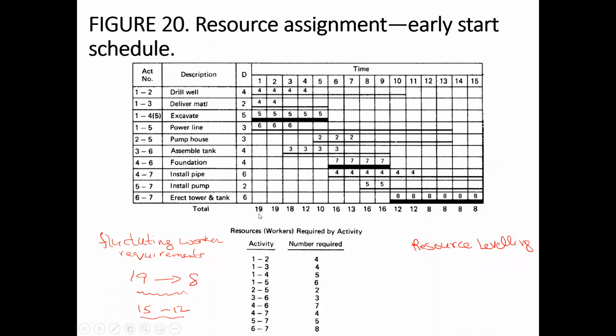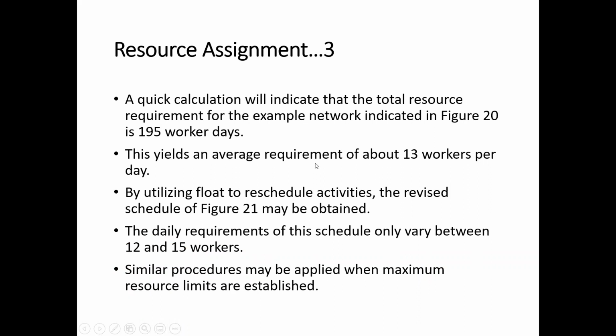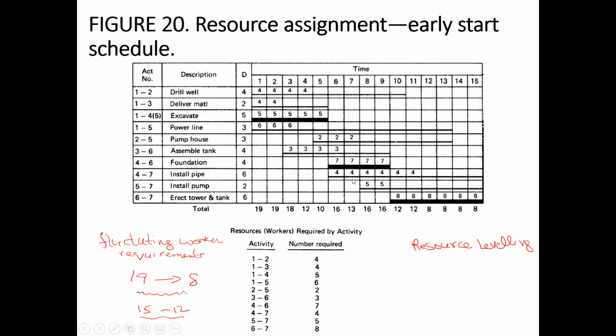So if we divide this 195 by 15, then that means the average is about 13. So if we can keep this average of about 13 plus or minus a little bit, then this resource leveling profile will be much better in that situation.